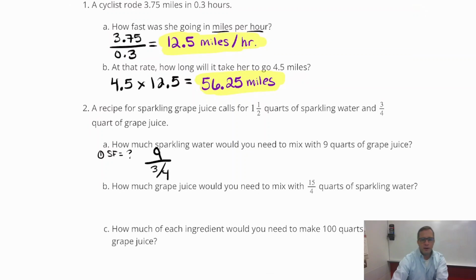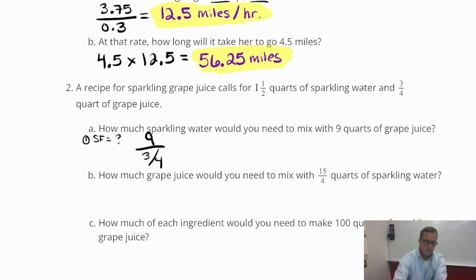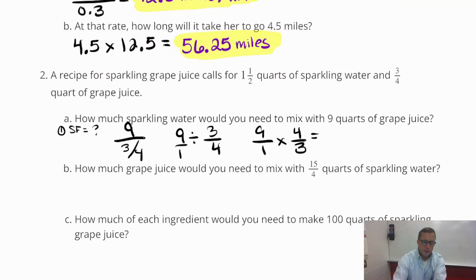So we're going to do 9 divided by 3/4. So 9, put 9 over 1, divided by 3/4. Keep the first fraction the way it is. Change division into multiplication. You got 4/3. And then 9 times 4 is 36. 36 divided by 3 is 3. And then that equals 12.